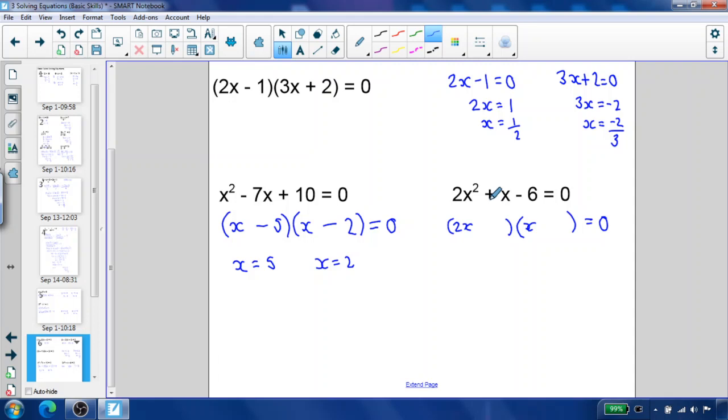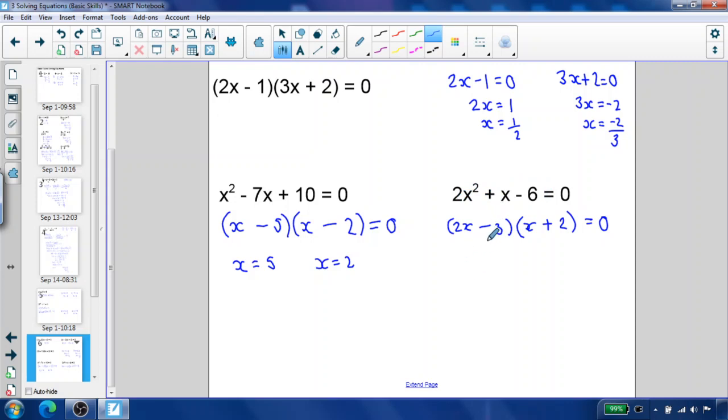So we just need to think about it a little bit. If I put a 2 here and a 3 here, that's going to make 4x, and then we've got a 3x. So the difference between those would be an x, and I need a negative 6. So one's going to be positive, one's going to be negative, which does work. So let's put a positive there, a negative there. And then that would actually, when we expand it, get back to this expression.